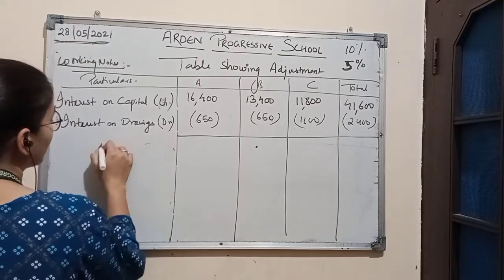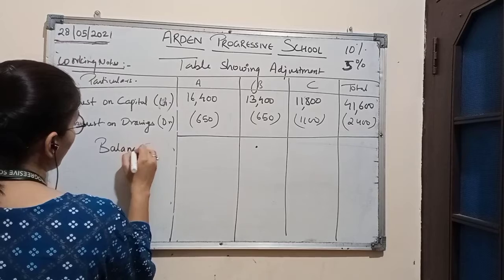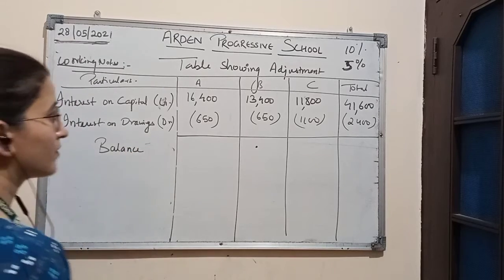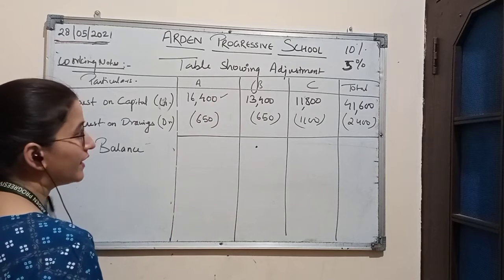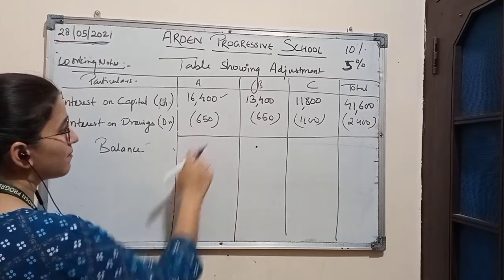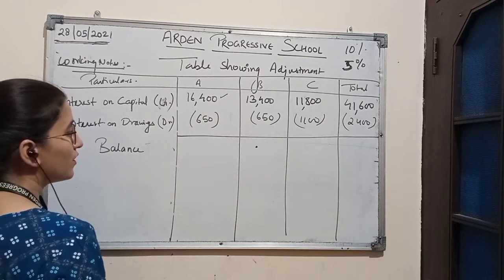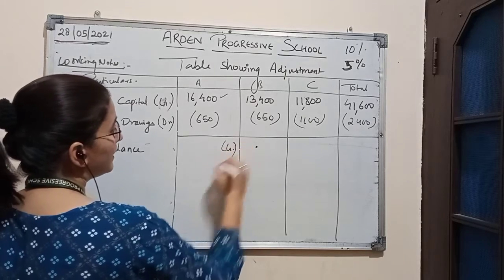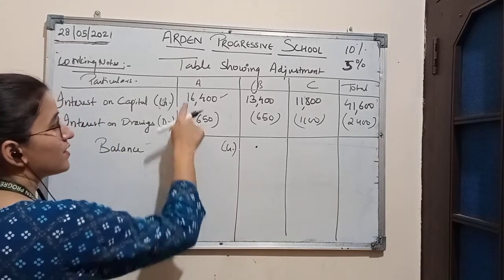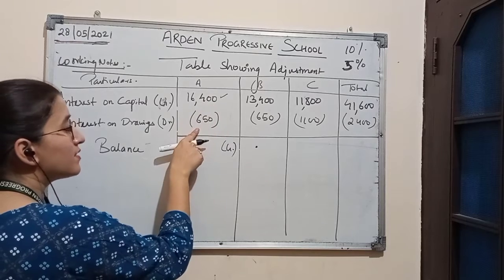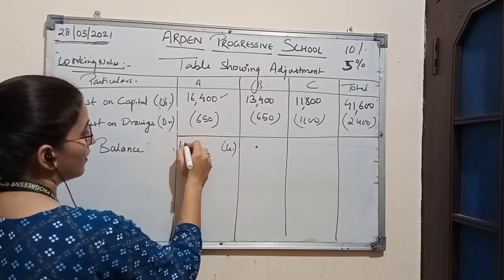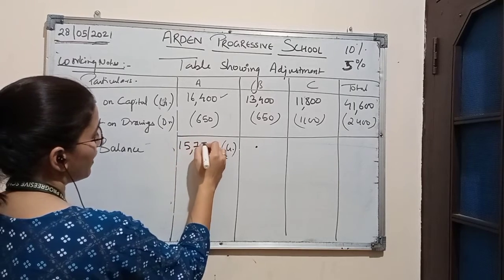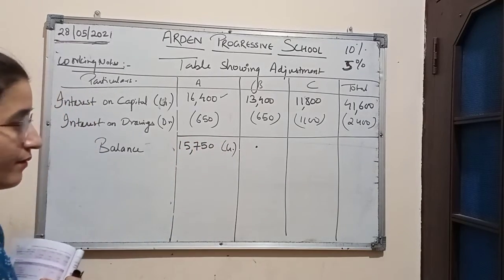Now here we will calculate the balance remaining in partner's capital account. So as we can see here, A is having a greater credit balance and less amount of debit balance. So here answer will be in credit balance only. So 16,400 subtracted by 650 will be 15,750.